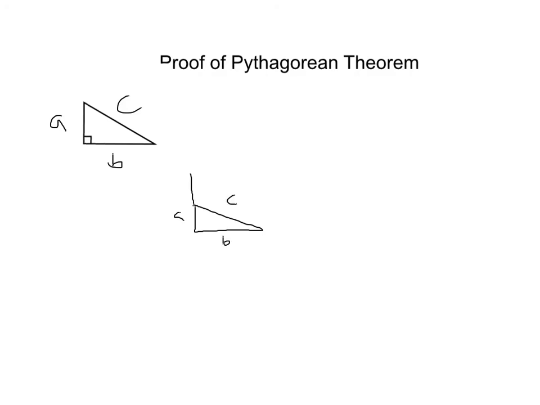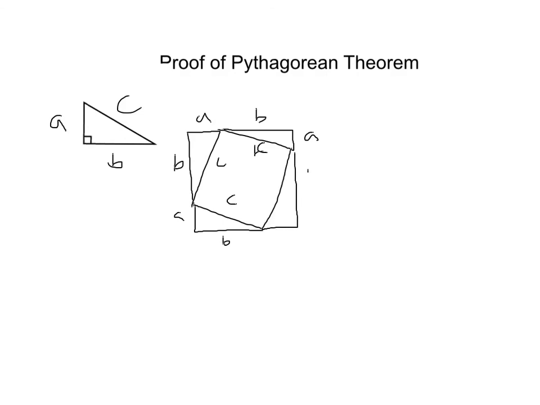We're going to put another triangle on top, that is A, B, and C. Then we're going to put another triangle to the side of that one, that is again A, B, and C. And then we've got another triangle here, that is A, B, and C. And now with a little bit of arithmetic with these angles, you could find out actually that these inside angles are right angles.